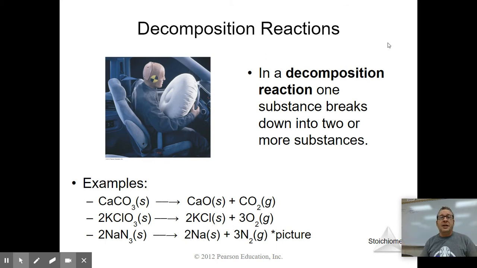Whenever a crash would be detected, maybe an addition of some electricity or heat would cause the reaction to take place, where sodium azide would break down into sodium and nitrogen gas. The nitrogen gas that is released from this decomposition reaction is responsible for your airbag inflating.